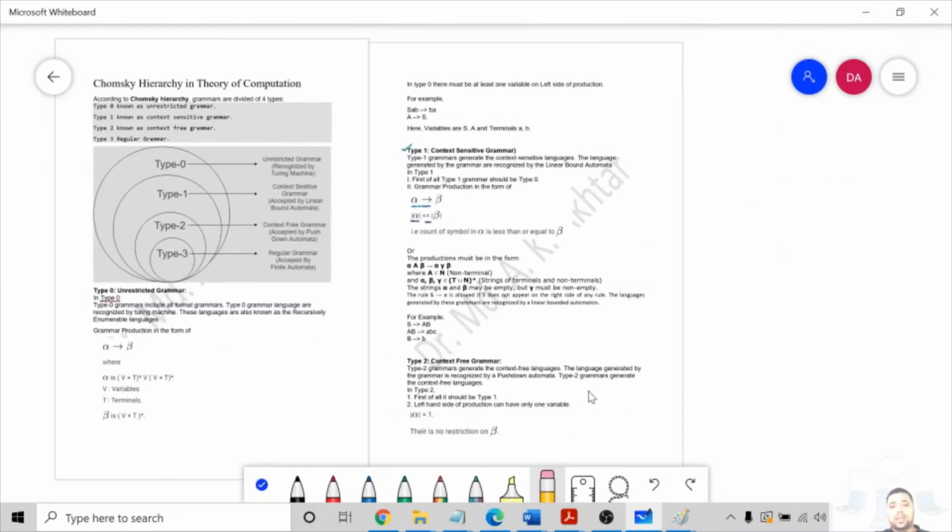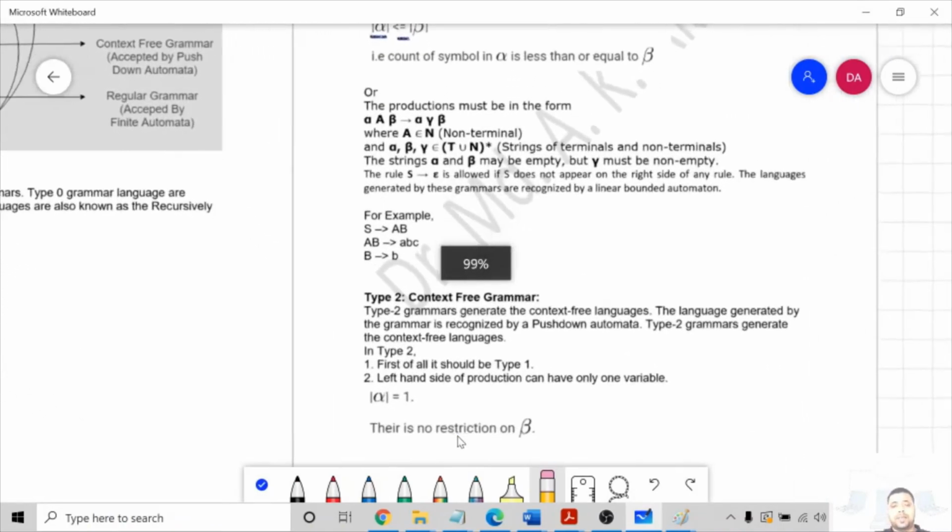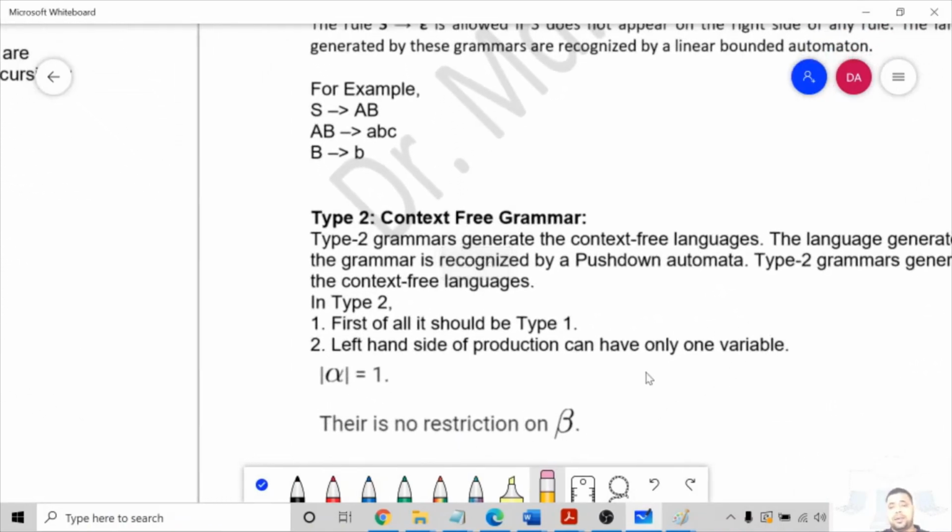It means if the left hand side has non-terminals A and B deriving some terminal, this production is not allowed in context free because the length of alpha should be equal to 1.